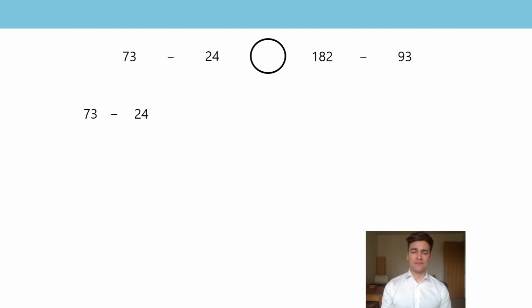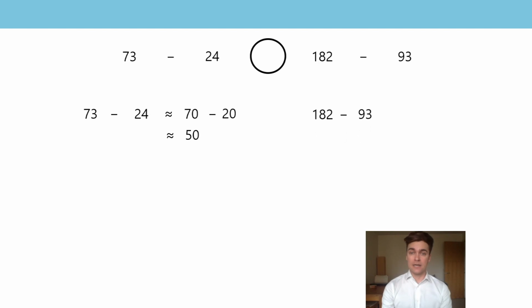73 subtract 24, I've rounded, and that has become 70 subtract 20. Now this time, looking at those numbers, I've decided to subtract them. So I've got an approximate difference by subtracting 2 tens from 7 tens equal to 5 tens.